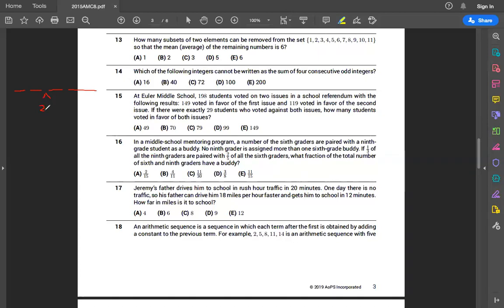We'll call it 2k. 2k is an even number because of the 2, and k can be any integer. K doesn't have to be even, but 2k will be even. So the surrounding odd integers will be 2k plus 1, 2k plus 3, and then on the other side 2k minus 1, and then 2k minus 3.